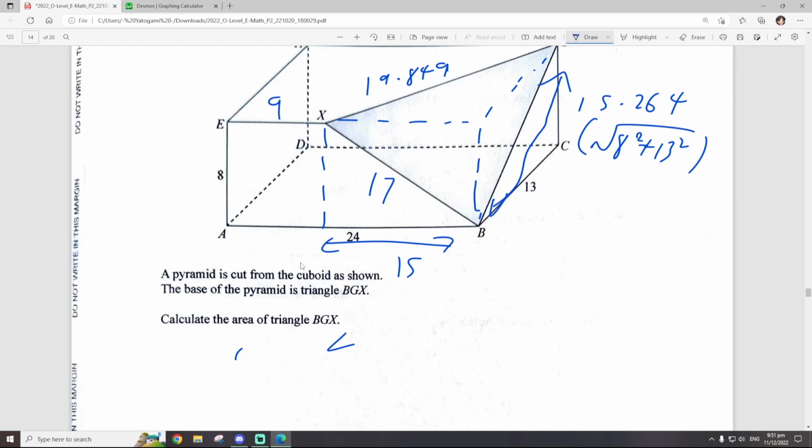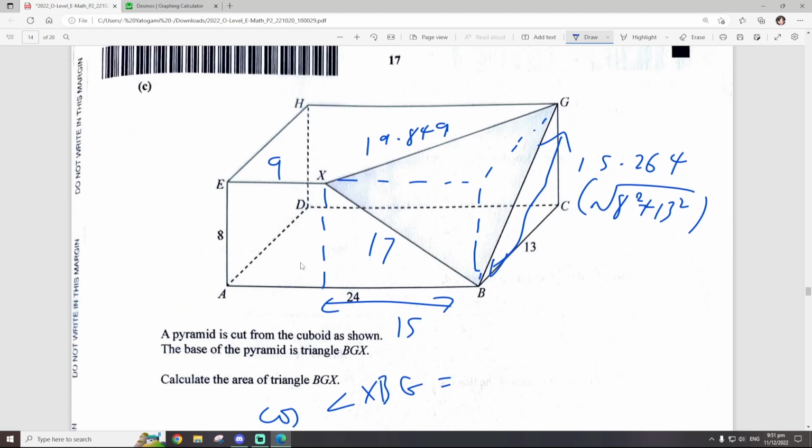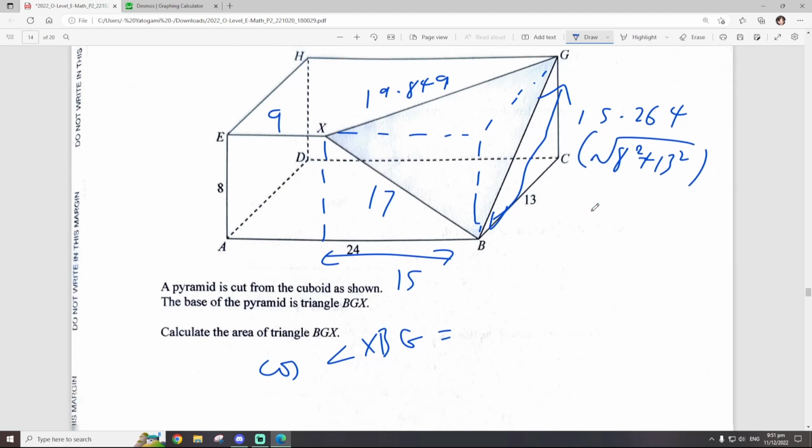So we have cosine of angle XBG. How do you get this? Well, we know that 19.849 square is 17 square plus 15.264 square minus 2 times those two sides, times cosine of that angle.